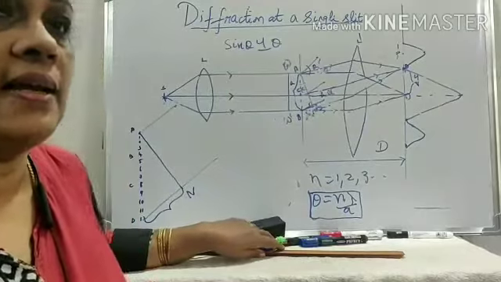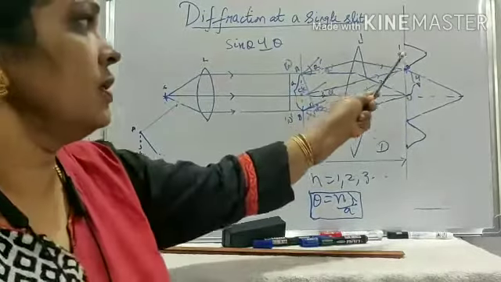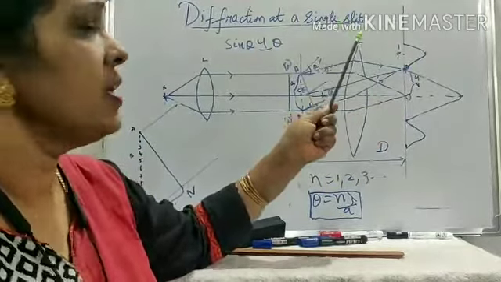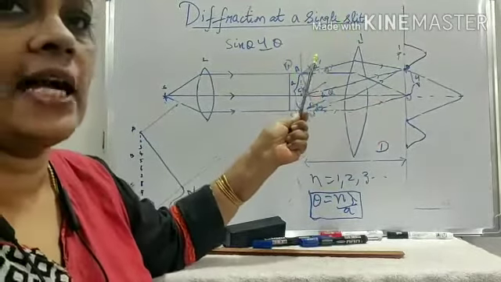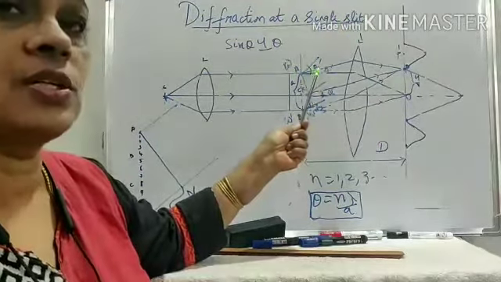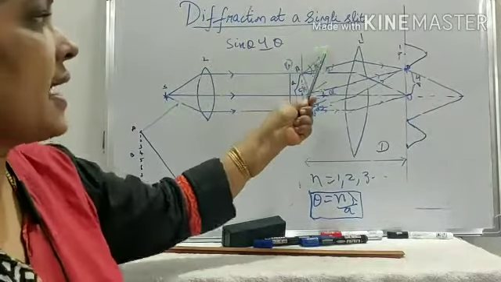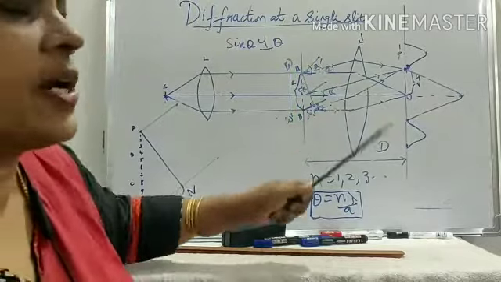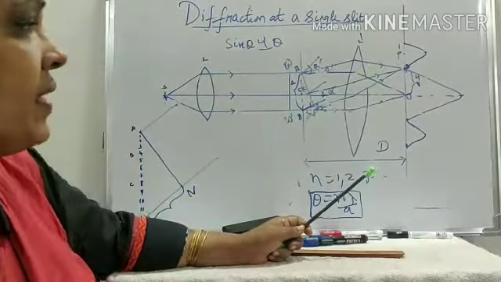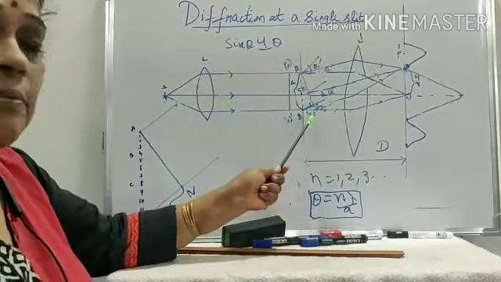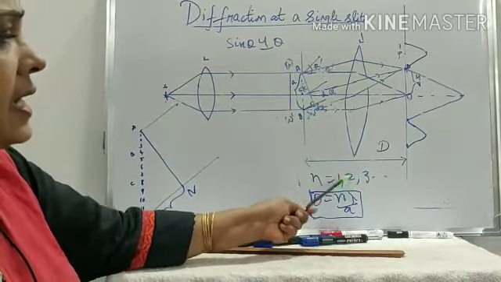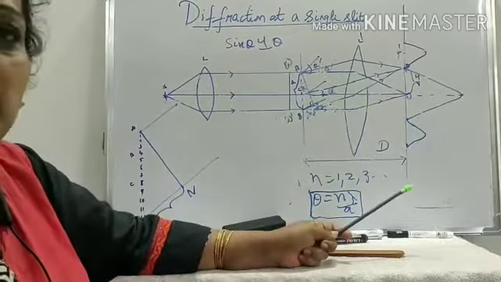I repeat once again, we have to find out whether this point P dash is of maximum or minimum intensity. For that, we have increased the angle of diffraction to theta dash. When you increase the angle to theta dash, the path difference between the extreme wavelets also increases. It has to be greater than lambda, but less than 2 lambda, because 2 lambda corresponds to the condition of the second minima.